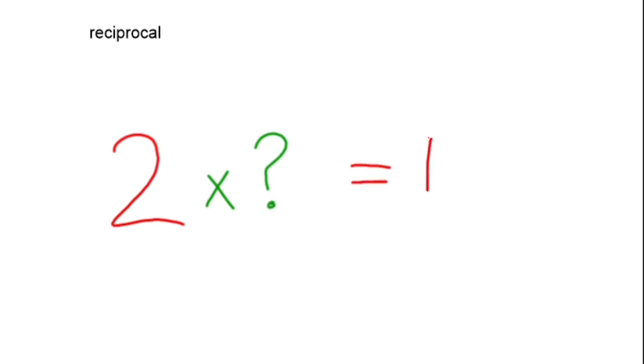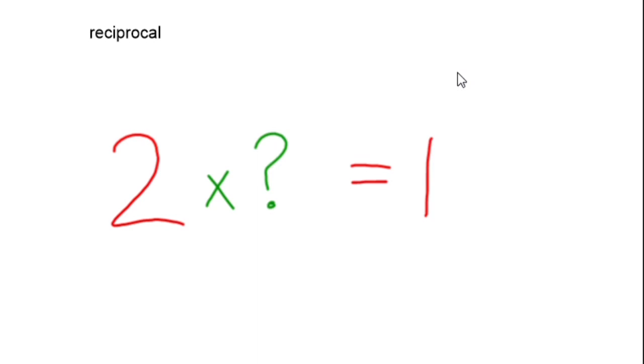But let's just consider a number. I'm going to start with the number 2. What do I need to multiply 2 by to equal 1? All right, in other words, the reciprocal number of 2 is the number that I need to multiply 2 by to get 1.